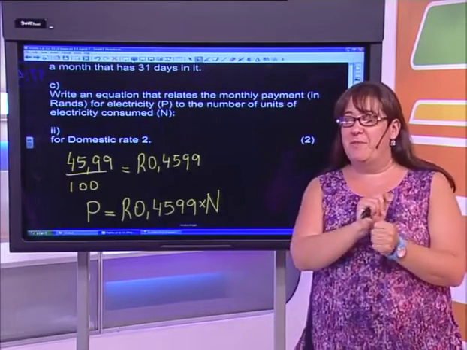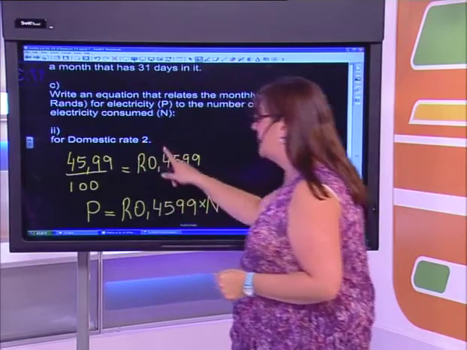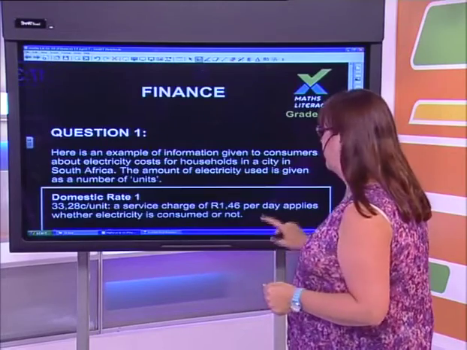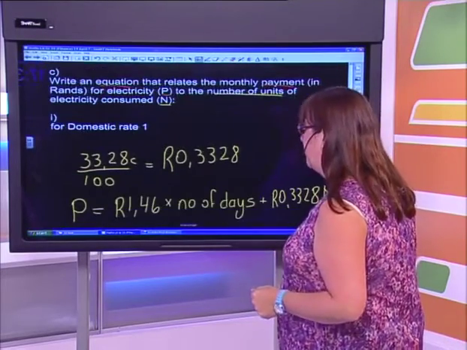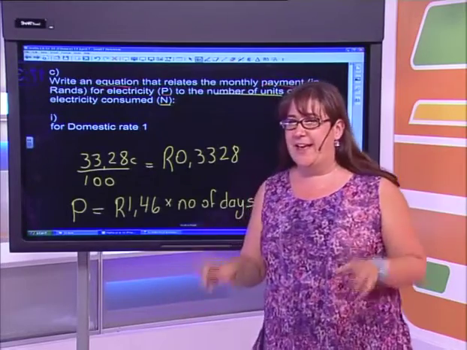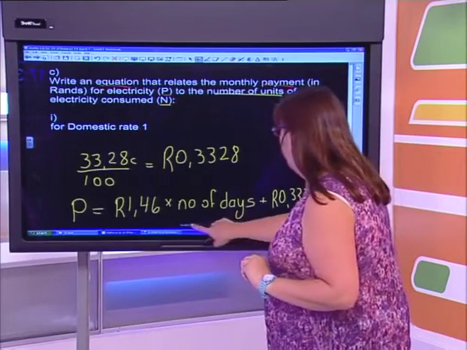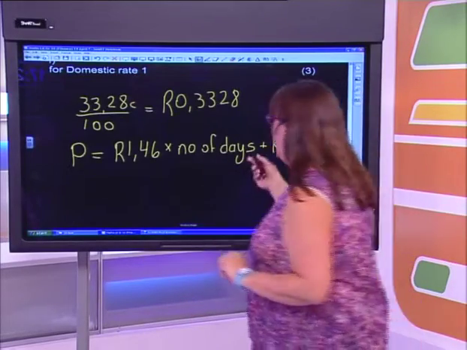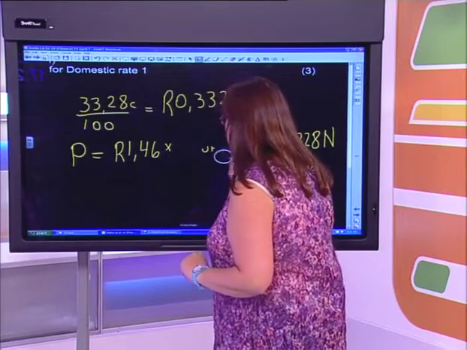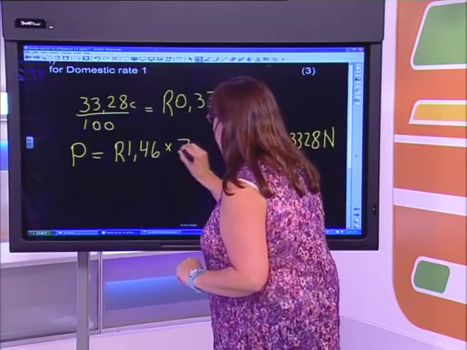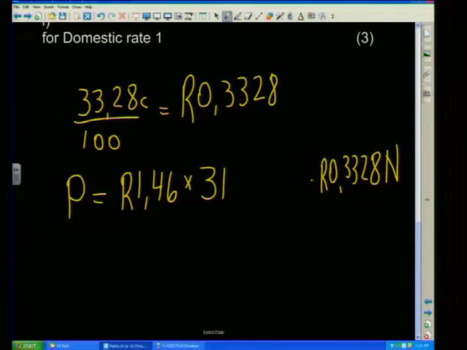It occurred to me during the break that when we were doing domestic rate 1, I'm going to go back to domestic rate 1, and remember I said they didn't give us the number of days, and I was having a little bit of a strange moment there, because in actual fact, we know we were using a month with 31 days. So what we actually could have done, we know our fixed cost because it was R1.46 for 31 days.